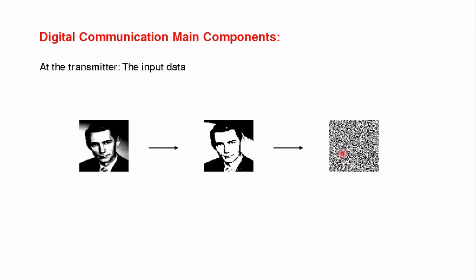This is to give it some kind of robustness against noise. The error pixels can be distributed randomly and do not affect how we can interpret the image that much. And finally, this randomized pixel will be converted to a vector and will be used as input data at the transmitter.